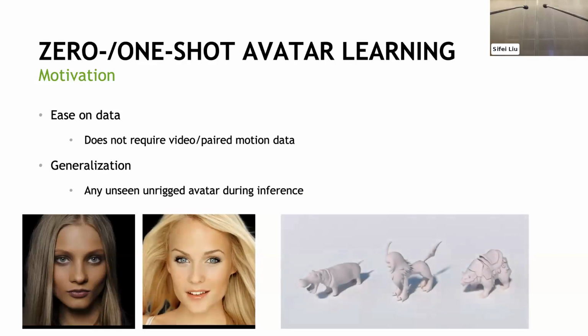Or in a fancier application, we are just interested in animating unrigged animal meshes, but it will be really hard to find a large-scale dataset of rigged animal meshes for training. So in both cases, existing avatar learning methods would fail because of their strict requirement for training data. In these cases, one-shot and zero-shot learning would largely ease the requirement on training data and also enable the model to generalize to arbitrary subjects during inference.